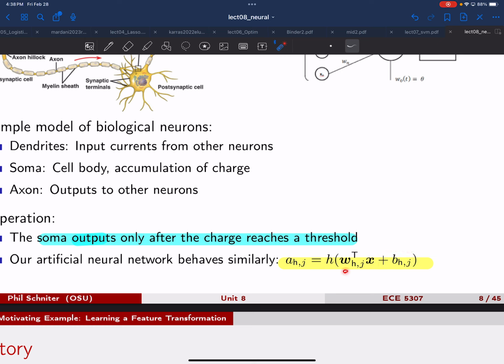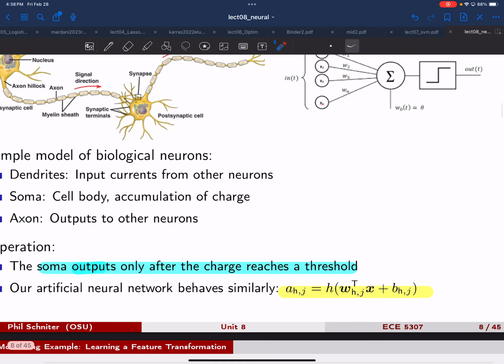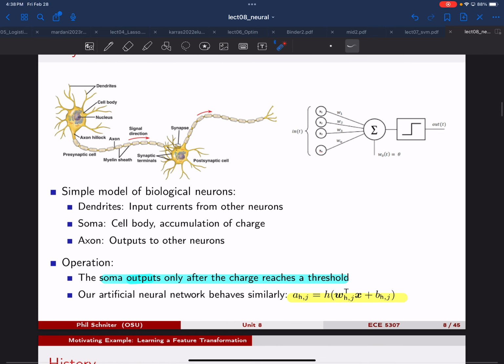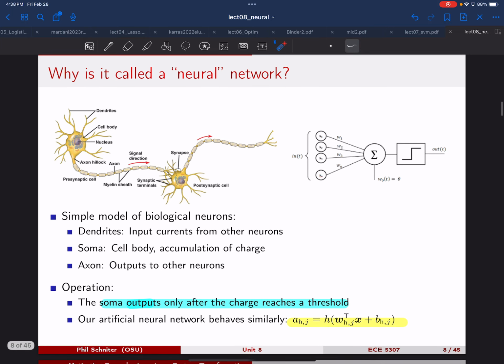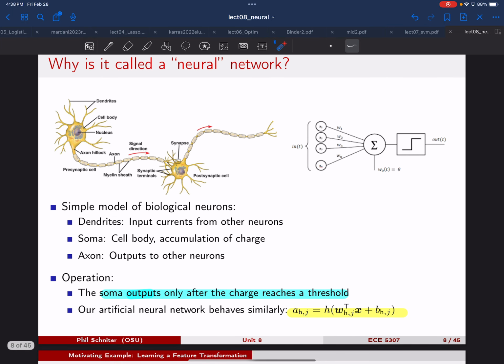And so when this is significantly greater than minus this, then the output is positive, and our sigmoid produces something. Okay, so there's a direct link between what we're doing and what happens, roughly speaking, in these biological neurons. So that's why it's given the name of an artificial neural network.